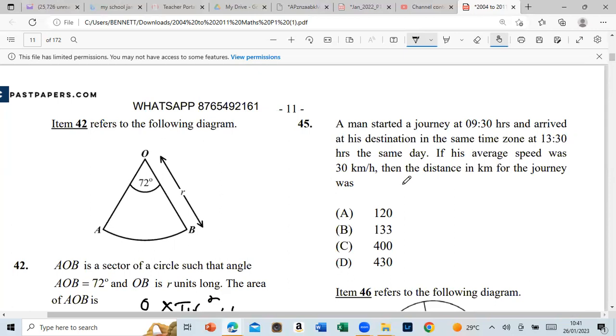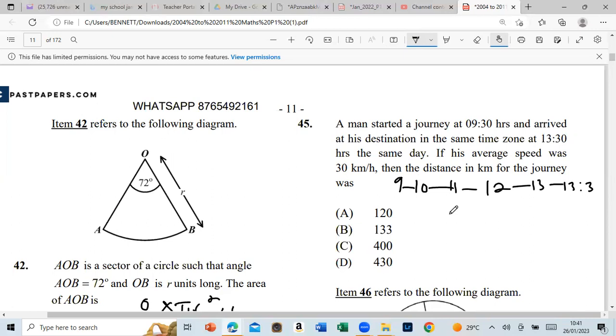Alright. So guys, let me show you this again. 9 to 10 to 11 to 12 to 13, 13:30. Alright, so let's just see how many hours between it. 1, 2, 3, 4, 5.